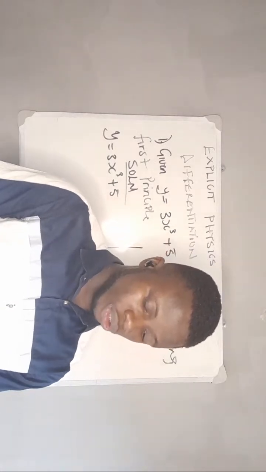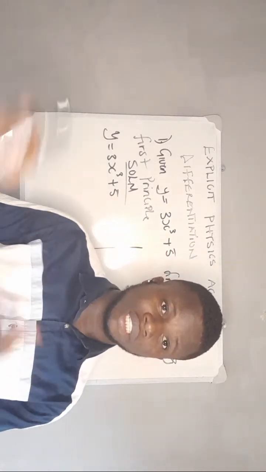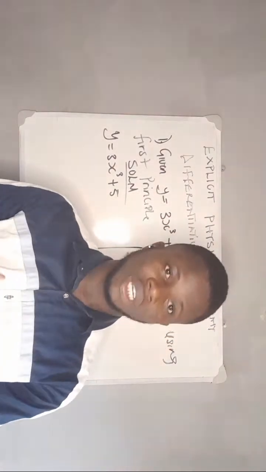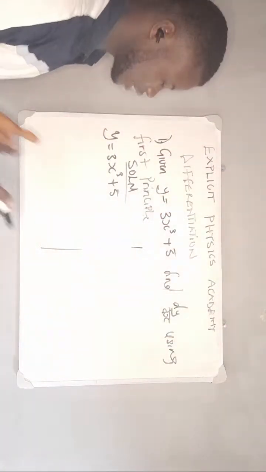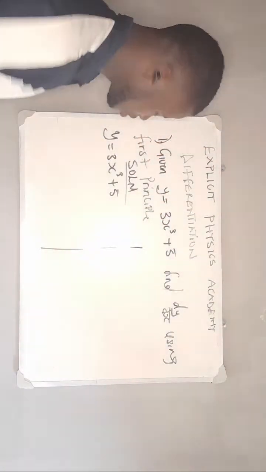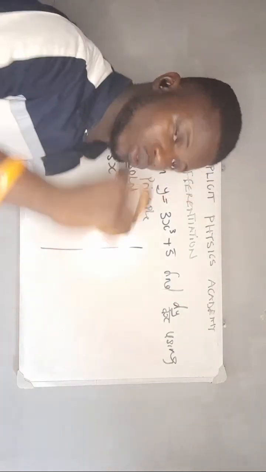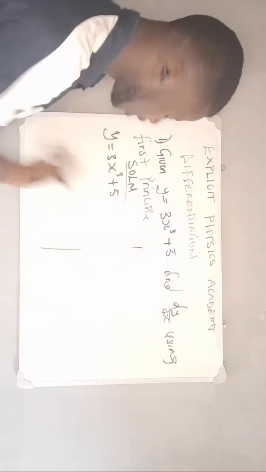Now in first principle, what do we consider? As I told you earlier, it's a function. y and x are variables, so they tend to change. A variable is a quantity that changes over time. So y changes, x also changes. In this case, we are given y is equal to 3x cubed plus 5. So the first thing we have to consider is the situation whereby y can change and x can change.